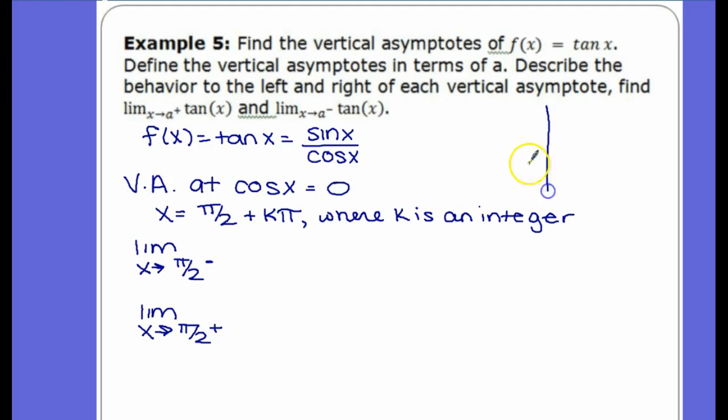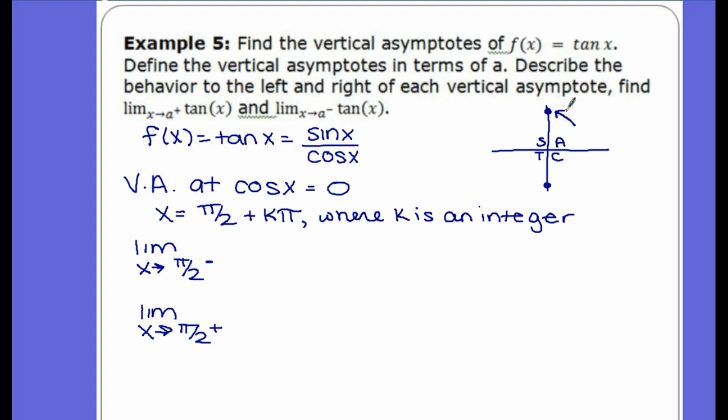So if you think about this, we know that the asymptotes occur here and there. So if you think about it from the left in terms of graphing this, we're talking about coming from quadrant 1.